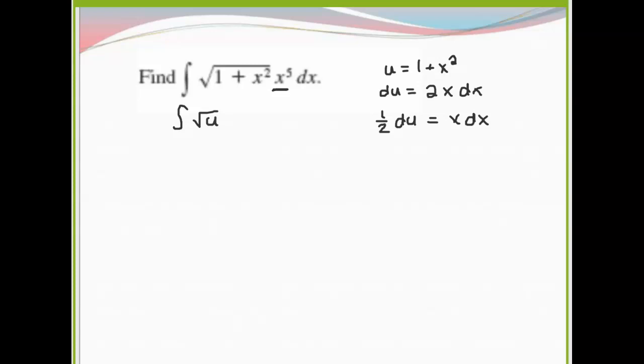I'd have a 1/2 out in front. I could take away an x value. So that would leave me with x to the 4th du. So I got to figure out a way to get rid of x to the 4th.